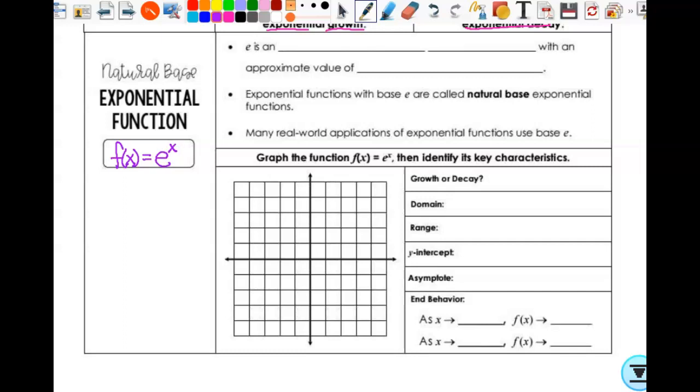It's a constant. Pi is about 3.14159 something. E is an irrational number with an approximate value of 2.718, blah, blah, blah. Okay.